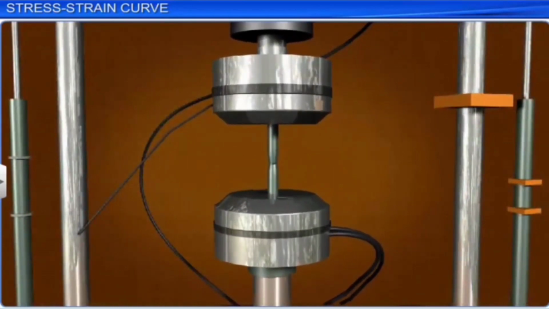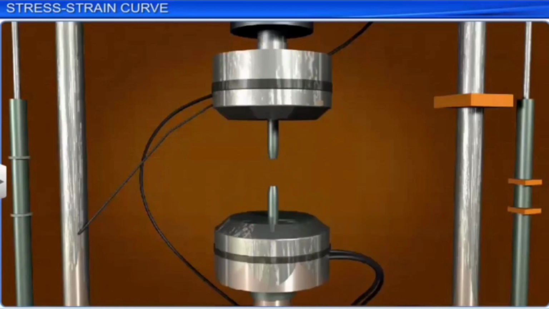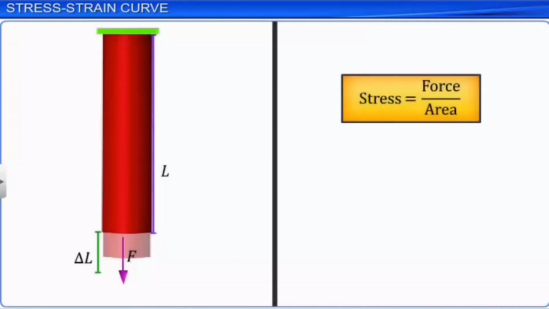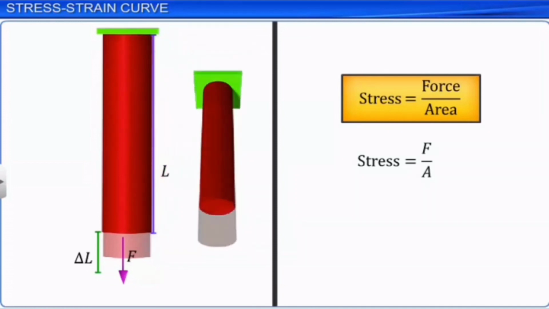The two ends of the rod are held between the top and bottom grips. One end is fixed and the other end is pulled to apply a precise load. The stress is calculated by dividing the load F by the original area of cross-section A of the rod. The strain is calculated by dividing the elongation delta L by the original length L of the rod.